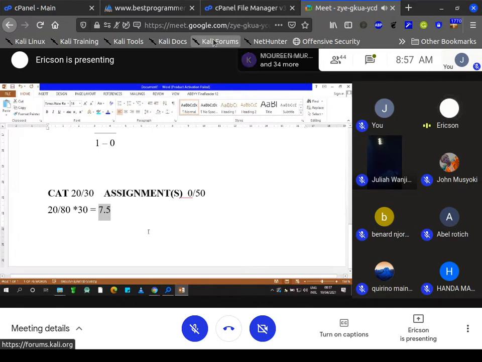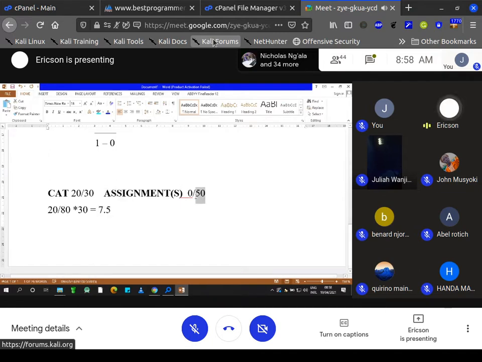And then it may not be easy for you to recover those marks. So just make sure you do all the assignments, because this is the repercussion of it.